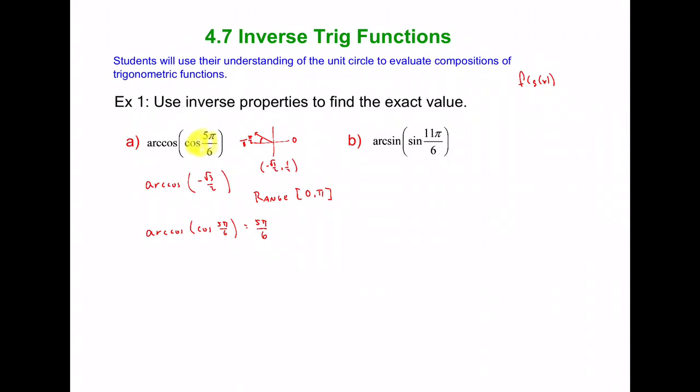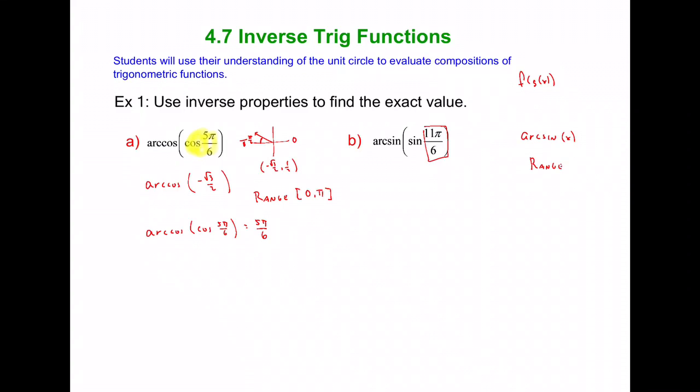Now, if you look at example B, arc sine of sine of 11 pi over 6, is 11 pi over 6 in our range? Sorry, I said arc cosine, I meant arc sine. If you're looking at arc sine of a ratio here, what are your range values?